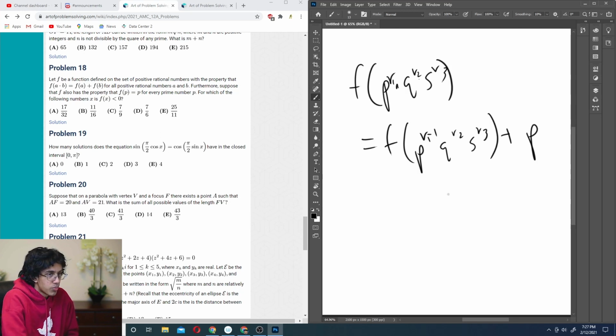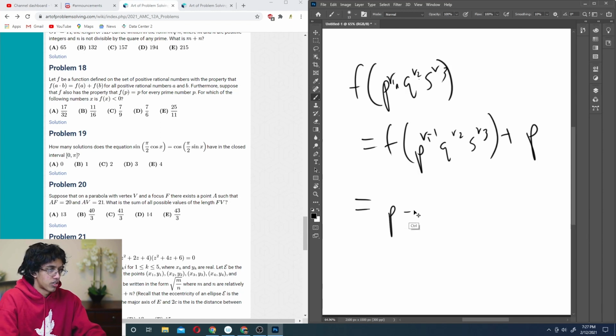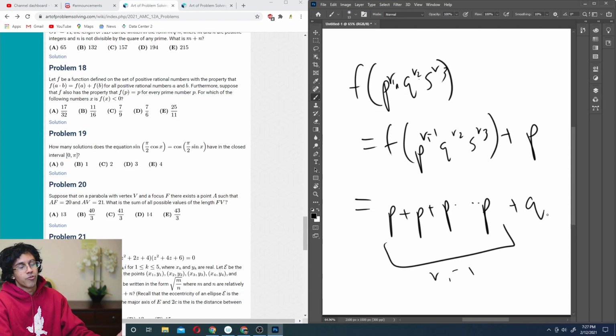And that's just equal to p. So essentially it's p plus p plus p, dot dot dot. So you can take it out, r1 minus 1 times p, and then the same for q. So it's just the sum of all the prime factors.